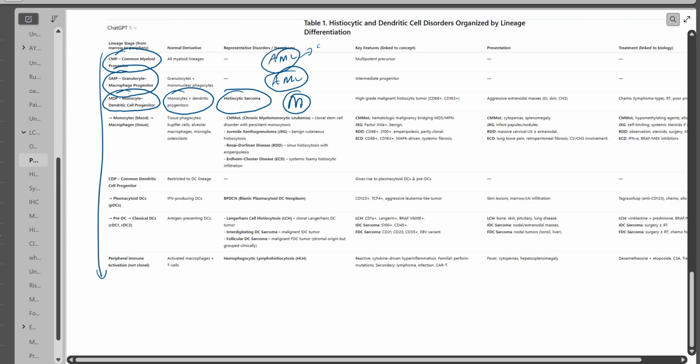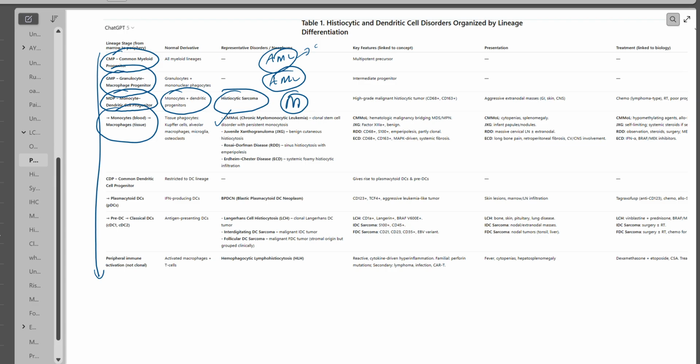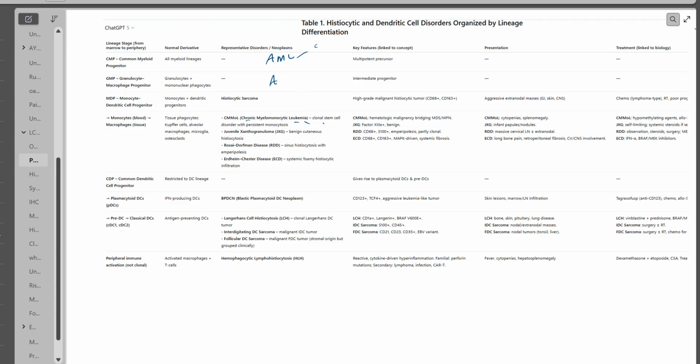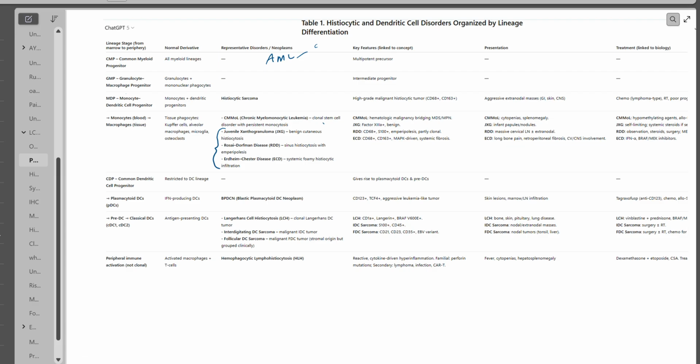Now, if you have a monocyte which is proliferating, you have CMML. That's why it's very confusing. You have chronic myelomonocytic leukemia. And if you have a macrophage which is proliferating in a benign state, it is juvenile xanthogranuloma because macrophages cause granulomas.